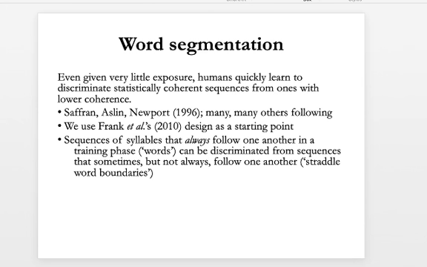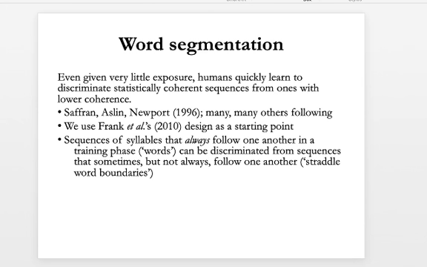Right? Here is a finding from the last 30-ish years of psycholinguistics. Even given very little exposure, humans quickly learn to discriminate statistically coherent sequences from sequences with less statistical coherence. And this was famously reported in the journal Science in the Saffran, Aslin, and Newport paper using 8-month-old infants.